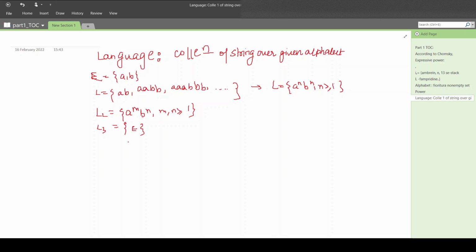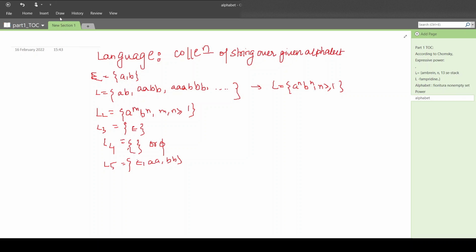This is also a subset. This is very much important, and this one also. We need to know the significant meaning of this. And the last one is sigma AAPP.